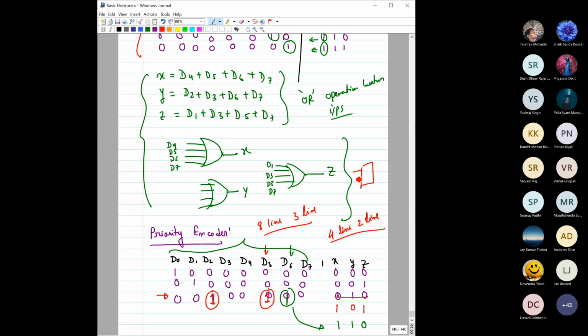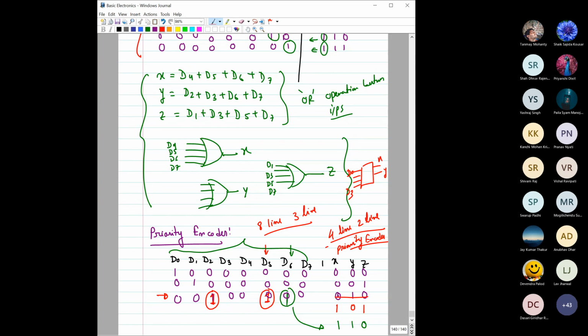That means it has 4 inputs, D0 to D3, and 2 outputs, X and Y. Make a priority encoder for this case. If you have understood this logic, you should be able to make it, because here there are only 4 lines, so 2 to the power 4, which is 16.